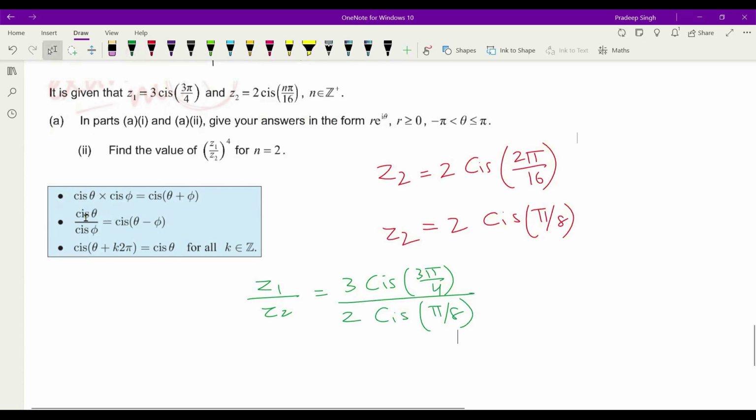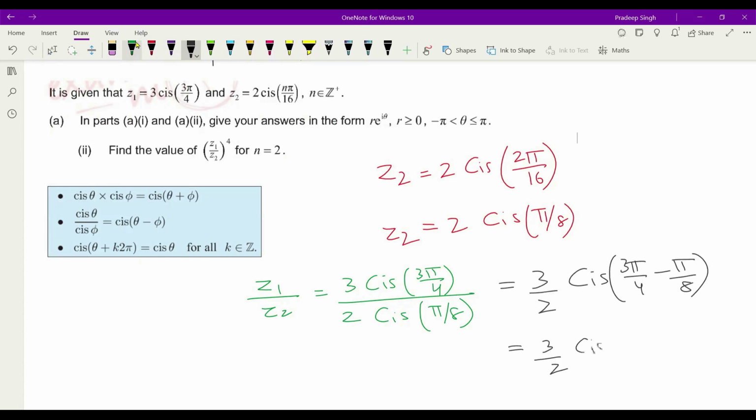So remember cis theta by cis phi is equal to cis theta minus phi. So the z1 by z2 becomes 3 by 2 cis 3 pi by 4 minus pi by 8. And if we simplify this, we should get a cis of 5 pi by 8. If you take the LCM, we will get 5 pi by 8 as our answer.